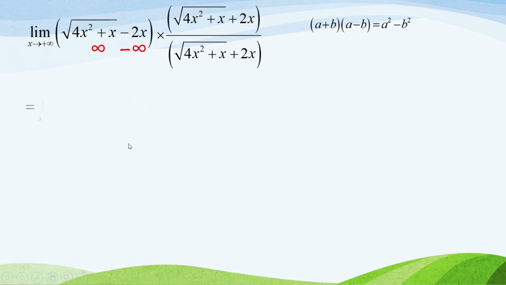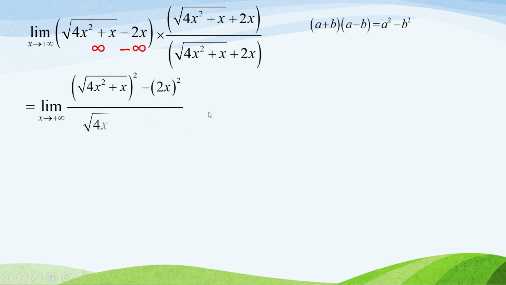So we get the limit as x approaches infinity of (4x squared plus x minus (2x) squared), and the denominator is still the same: the square root of (4x squared plus x) plus 2x.